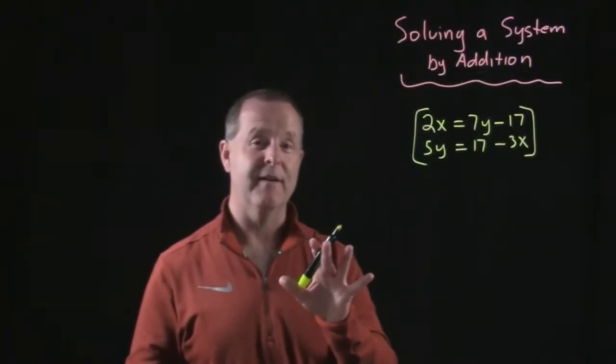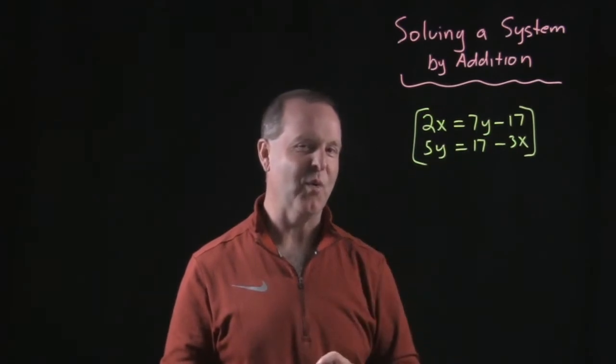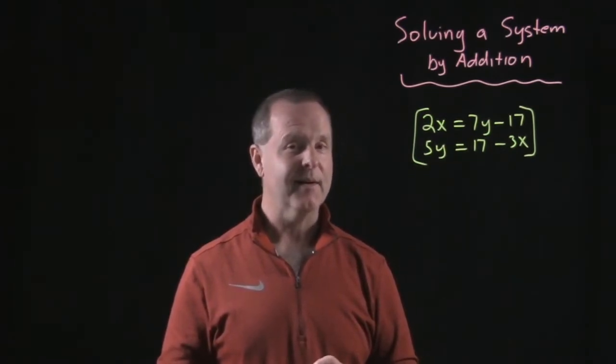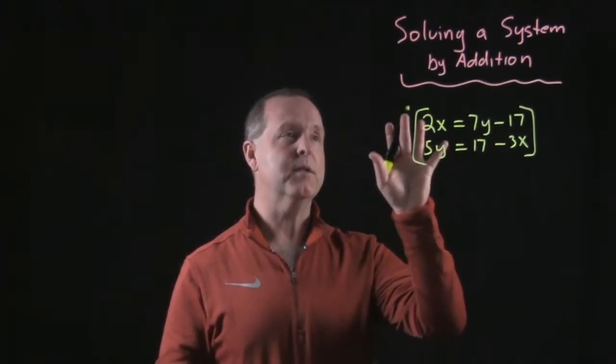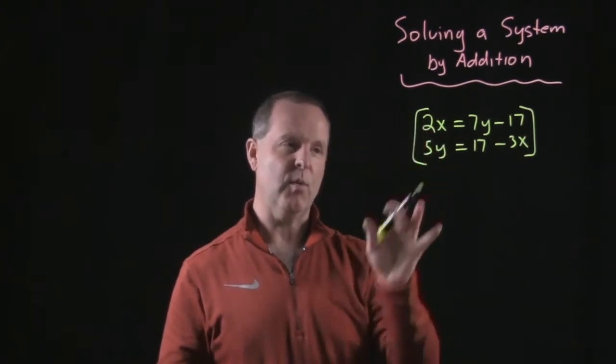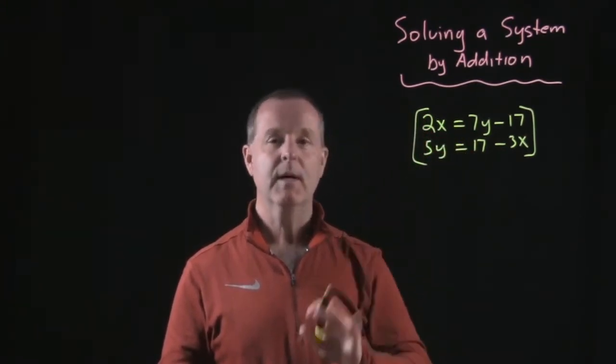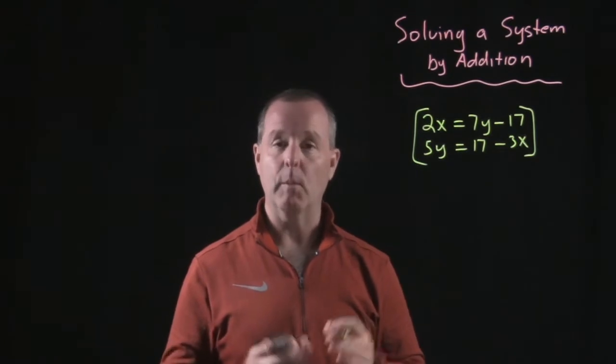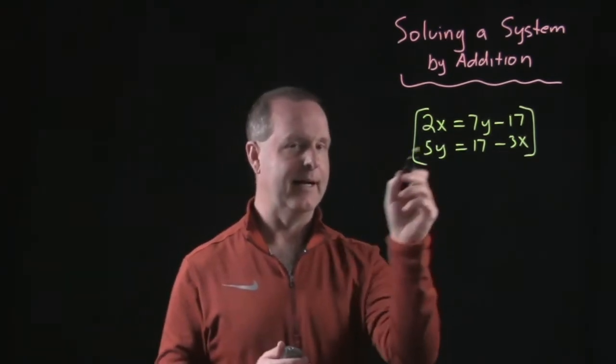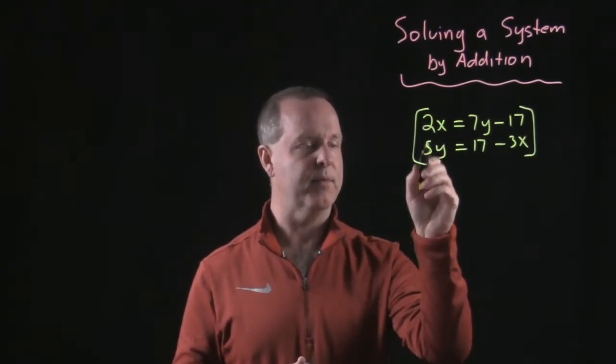Now this one's kind of fun, but do you see what we're starting with? Yeah, that's right. In order to solve a system by addition, where we want to eliminate a variable, we need to make sure both equations are in standard form. Aha, not here. So let's rewrite the system.